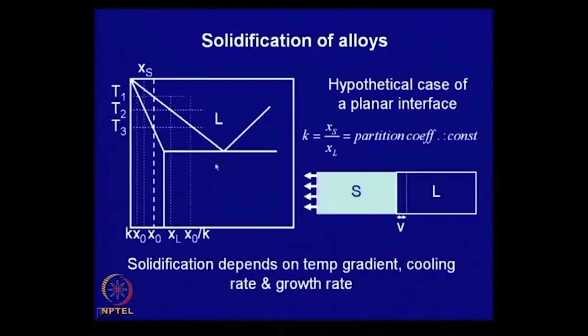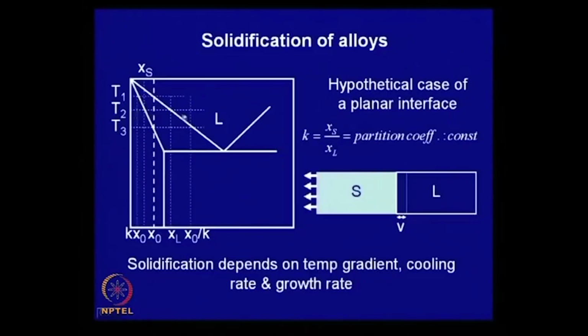Here, when solidification starts, let us say x 0 is the solute content of the alloy. At any temperature, this liquidus line will give you the composition of the liquid, and this will give you the composition of the solid.